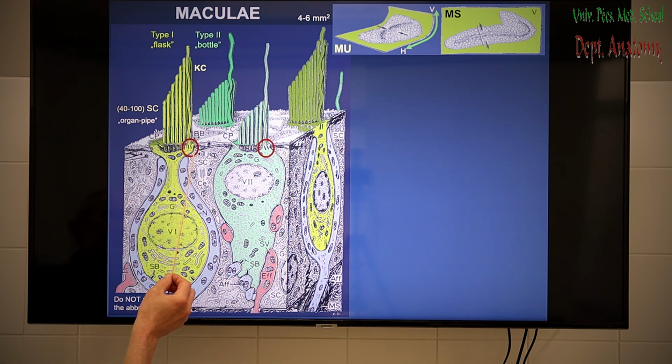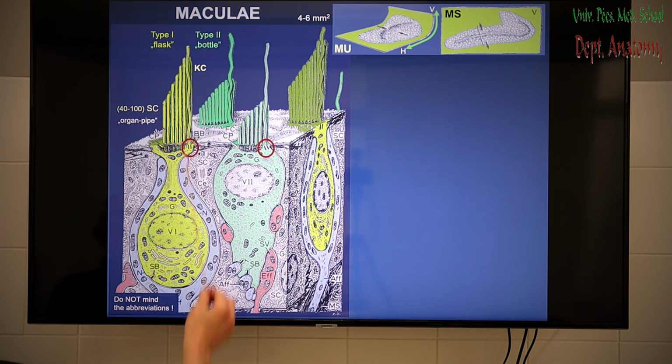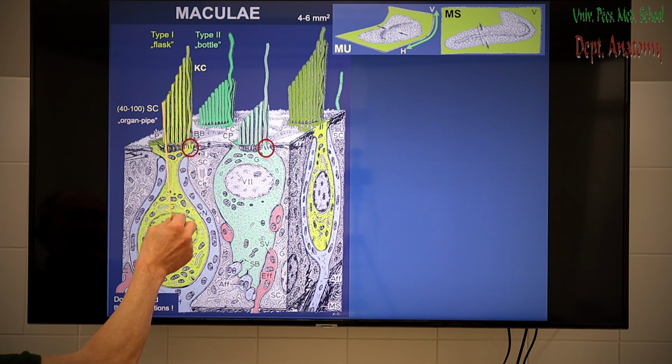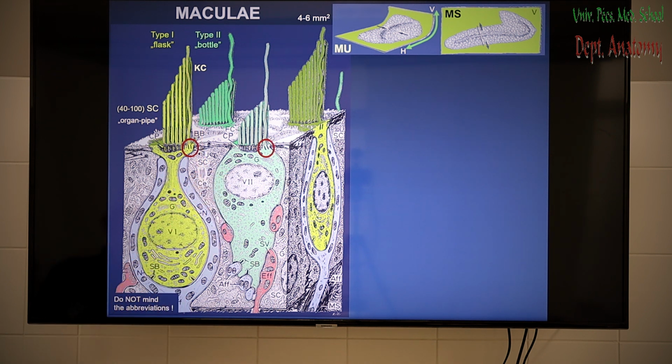The proof for that is the basal body, the centriole, in which the microtubules are anchored, and all the rest are stereocilia with decreasing length away from the kinocilium. A slight difference is that the processes of the flask-like cell are twice as long as those of the bottle-type cell.